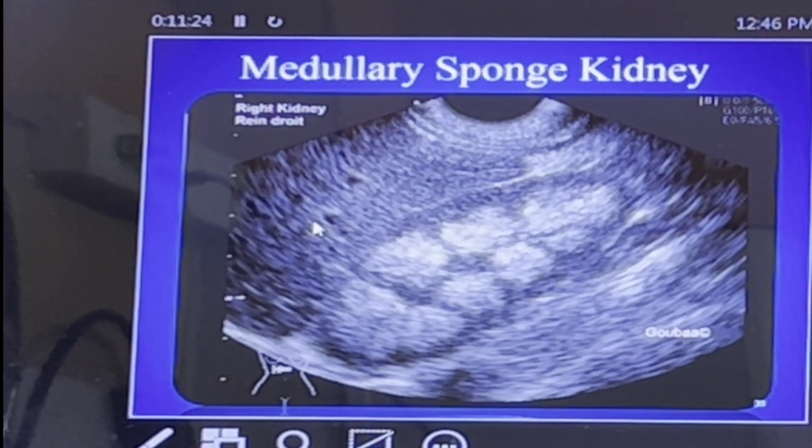Clinically, patients are usually asymptomatic. In 10 to 20%, calcium deposits may form within or adherent to the dilated tubules: nephrocalcinosis.